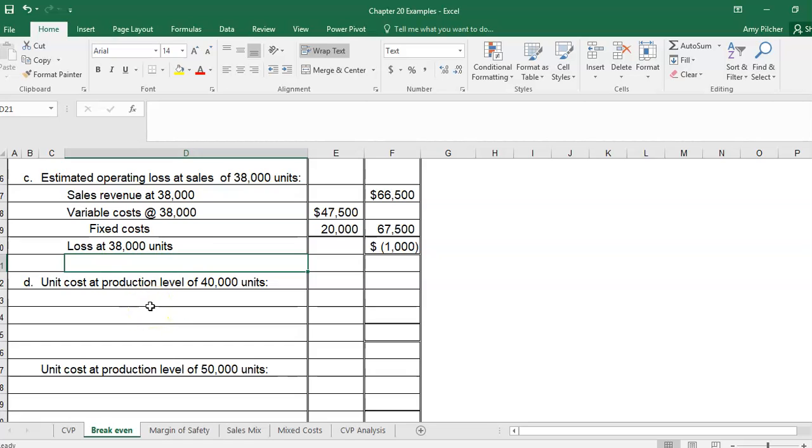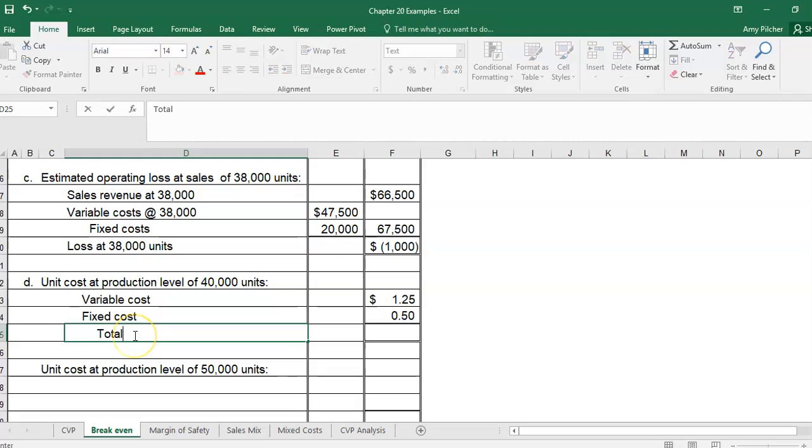D wants to know what is our unit cost at production level of 40,000 units. So we already know that. Our variable cost at 40,000 units, we already calculated, is $1.25 per unit. And our fixed cost is 50 cents per unit.